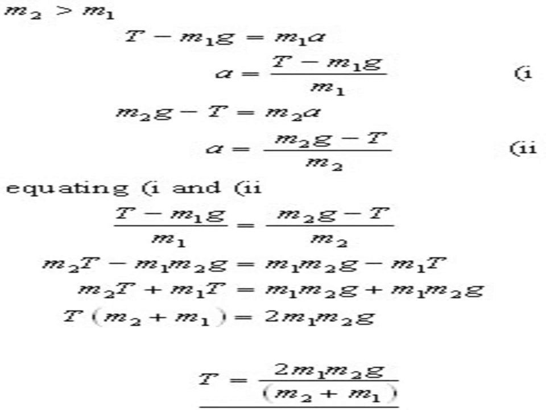So, a equal to (T minus m1g) by m1, okay, where acceleration is calculated. Now, we are going to equate the first equation and second equation, okay. We will find T equal to 2 m1 m2 by (m1 plus m2) into g, okay. This is the tension acting on the string.